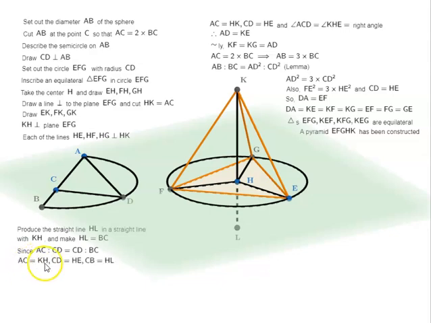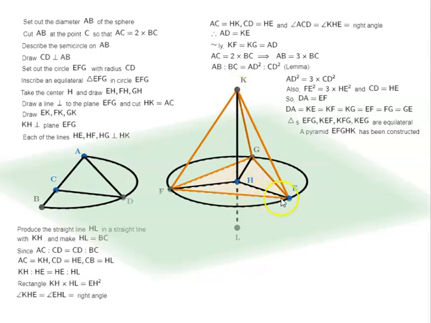And AC is equal to KH, CD is equal to HE, and BC is equal to HL. So we can do the substitutions. So this becomes KH is to HE is equal to HE is to HL. So we have rectangle KH by HL is equal to the square on EH.